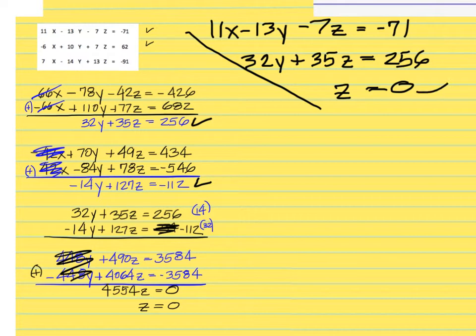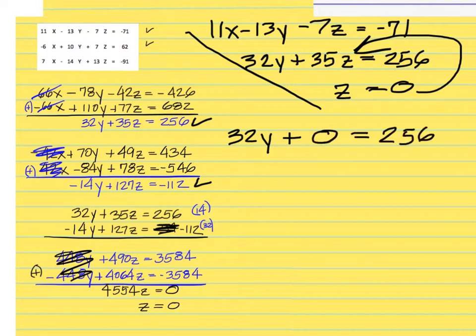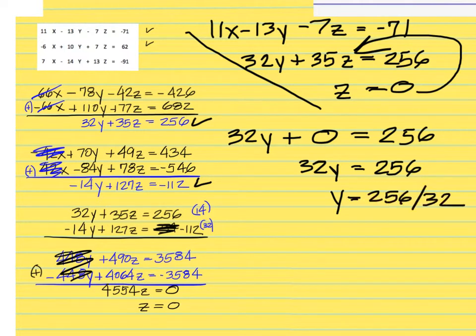If you plug this in for z in the second equation, you'll have 32y plus 0. It just cancels out to 0, so 32y equals 256. Divide 256 by 32. 256 divided by 32 comes out to be 8.